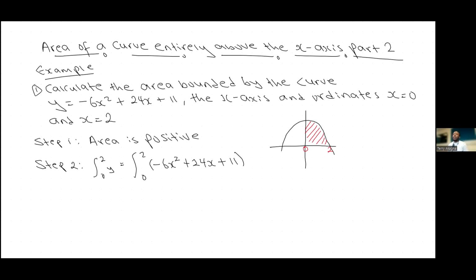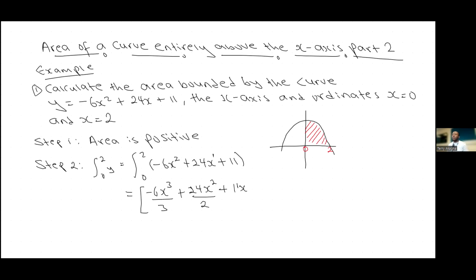So let's integrate this. Remember I told you when you're integrating, you add 1 to the power divided by the new power. So it's going to be minus 6x, 2 plus 1 gives 3, divided by 3, plus, remember this is x raised to the power 1, so it's going to give us 24x raised to the power 2 divided by 2, plus, when you integrate a constant, it gives 11x.